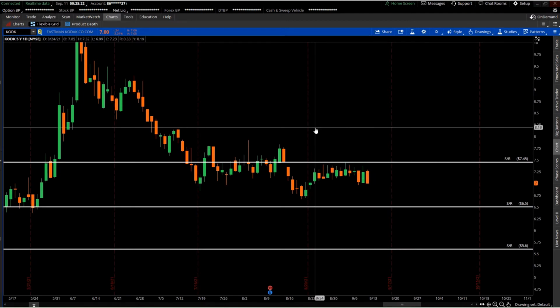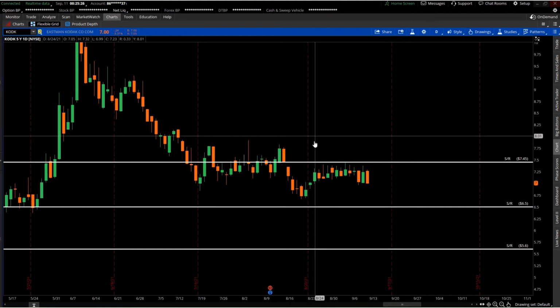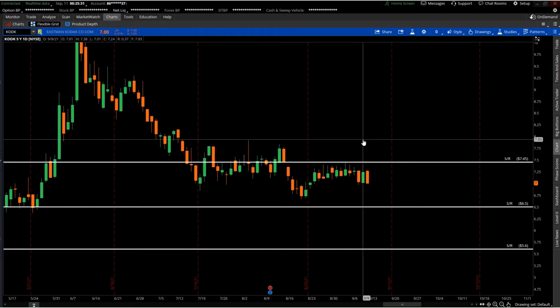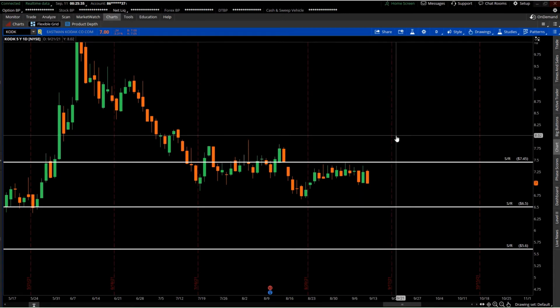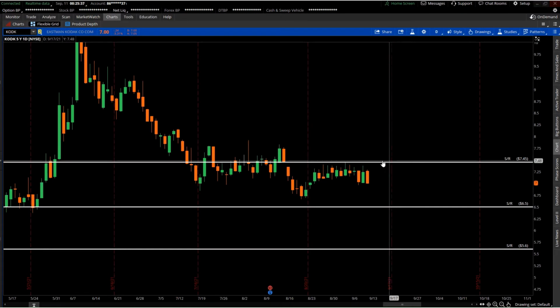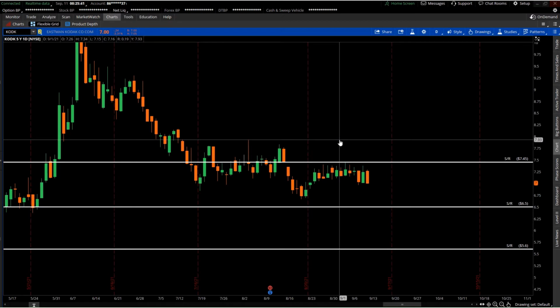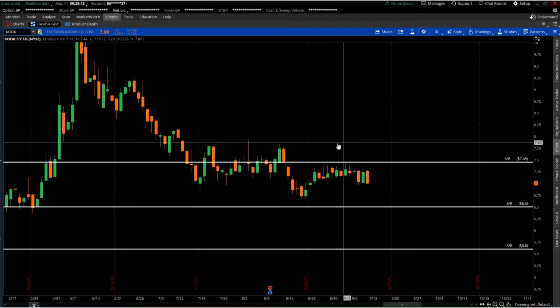I had a support resistance level up here, but because price has just been ranging, I don't think price is going towards the upside until maybe the end of the year or sometime in Q1 2022.